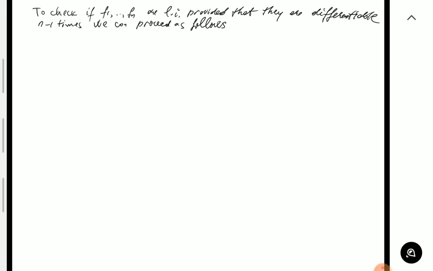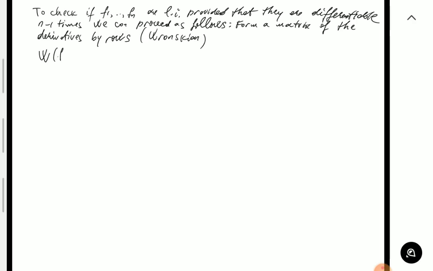So we can form a matrix of the derivatives by rows, an n by n matrix, in the following way. This is the so-called Wronskian matrix.